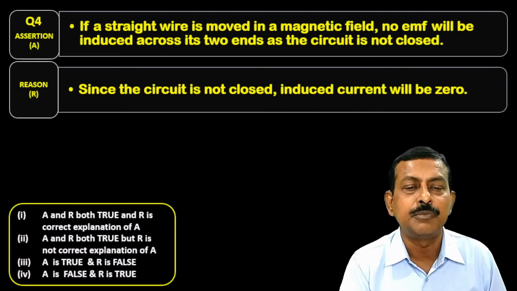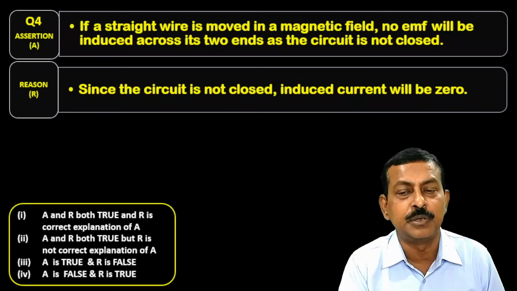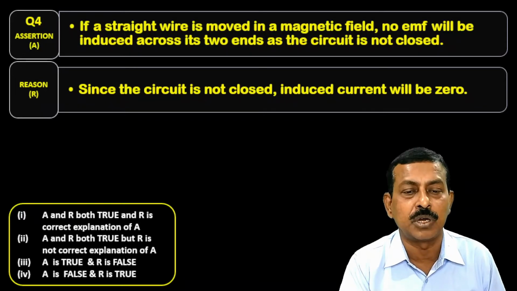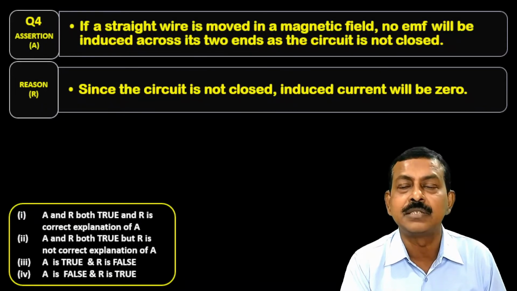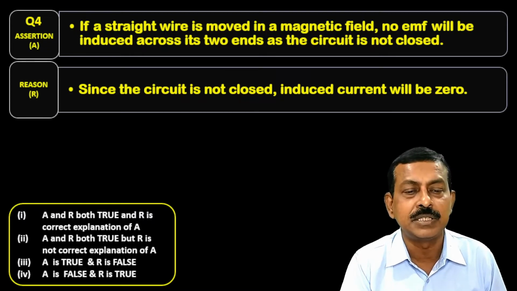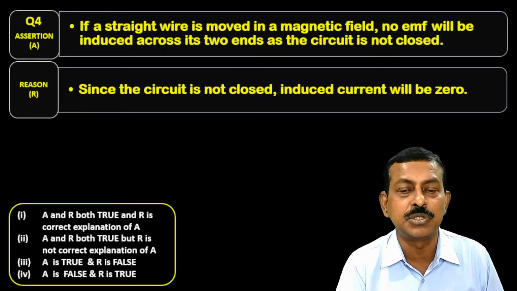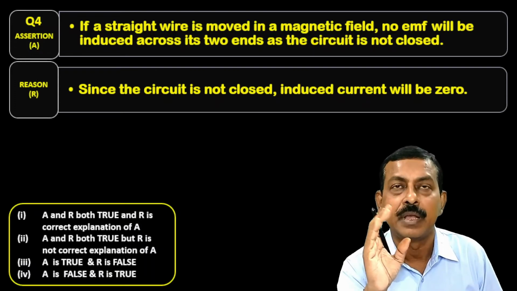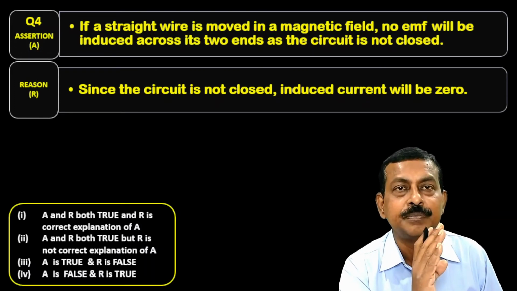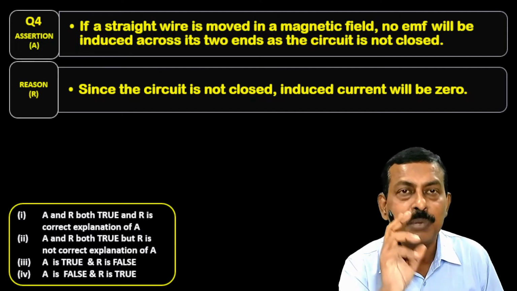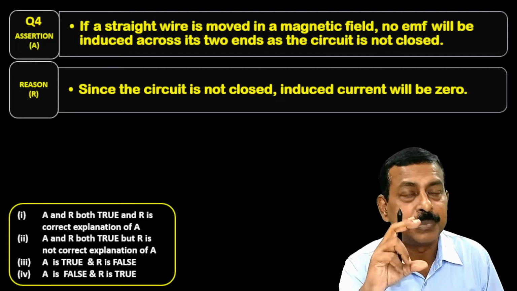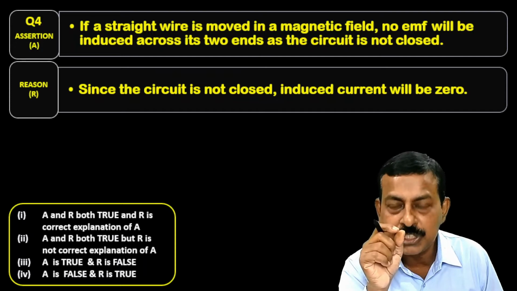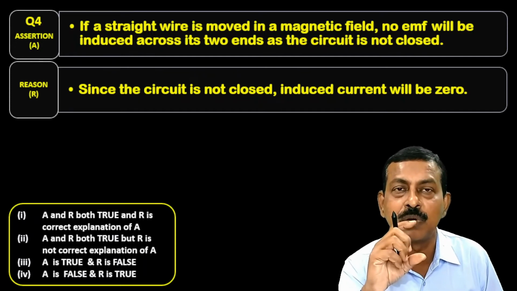Assertion is, if a straight wire is moved in a magnetic field, no EMF will be induced across its two ends as the circuit is not closed. And the reason is, since the circuit is not closed, induced current will be zero. If you have a conductor moving in a magnetic field, there will be potential difference developed across its ends, because free charges are there in that conductor.